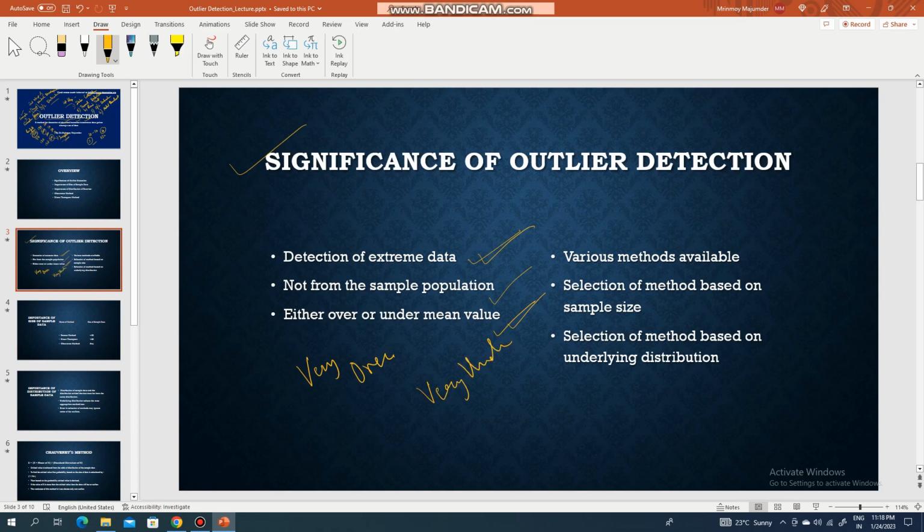These are the exceptions. As I was explaining earlier, various methods are available. And this is new: selection of methods is based on sample size and underlying distribution function. Every data set has a distribution function, and based on the distribution function, we select the method. But first, the number of data in the sample size is considered for selecting the method.